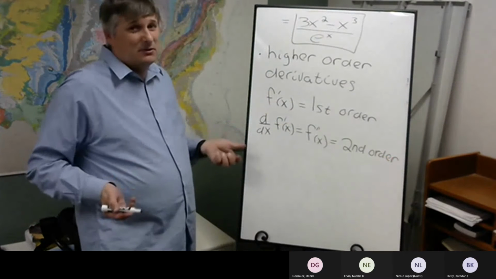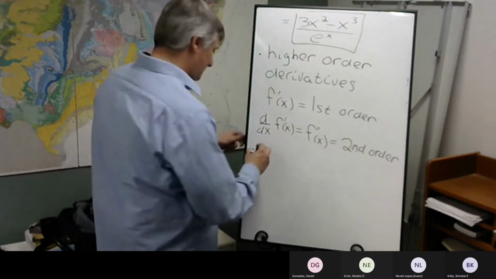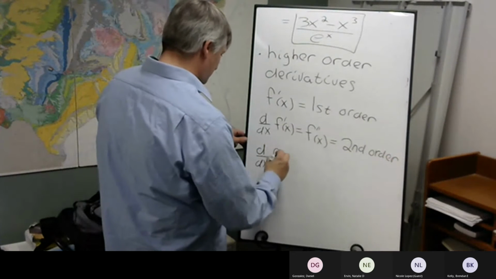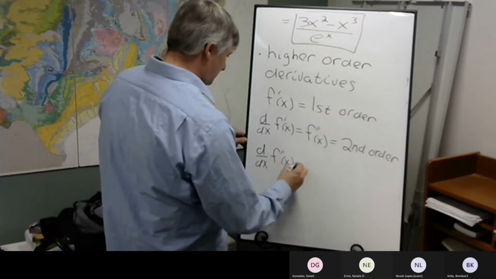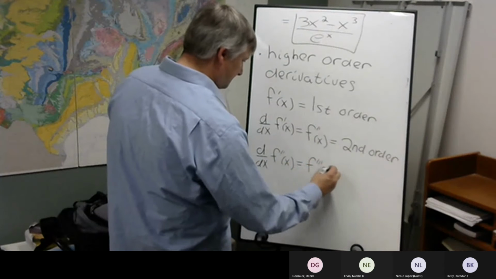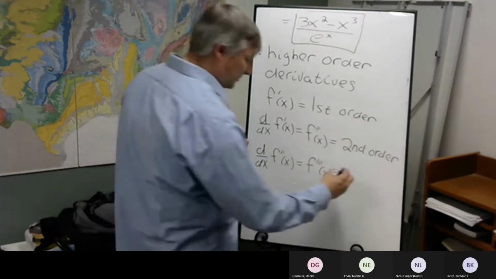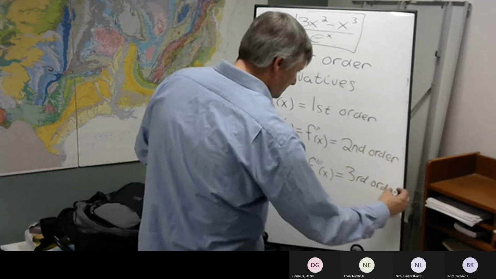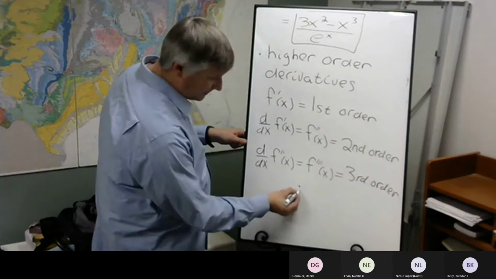Then we might take the derivative of the second order, so you have an f triple prime, or third order. And this goes on forever.